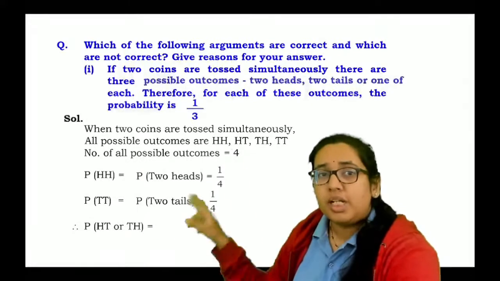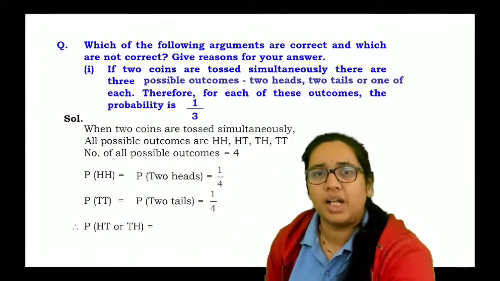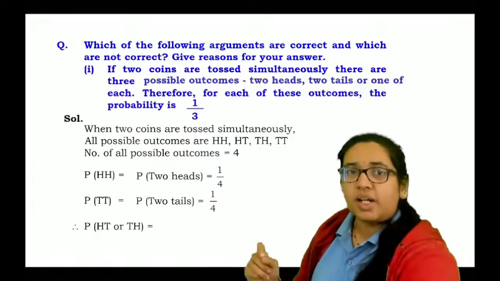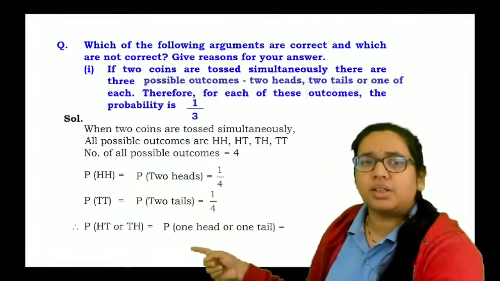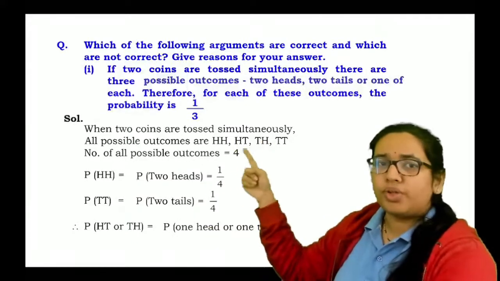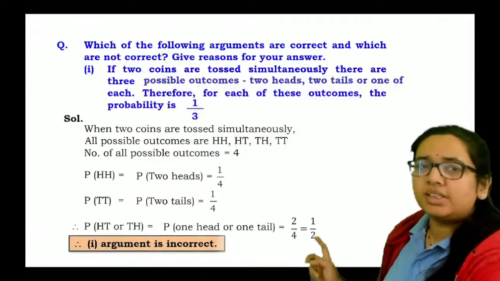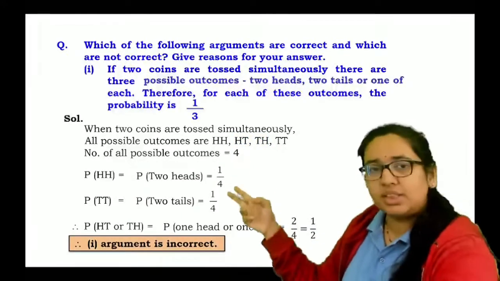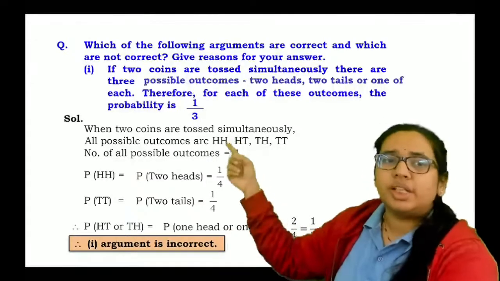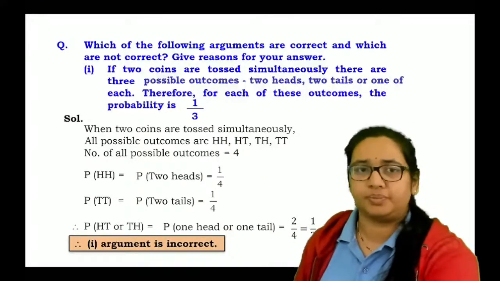And the probability of HT or TH, that is 1 head and 1 tail each, right? So, the number of favorable outcomes will be 2 here. So, 2 upon 4, that is 1 half. So obviously, just looking at this, you will get that the given argument is the incorrect one.